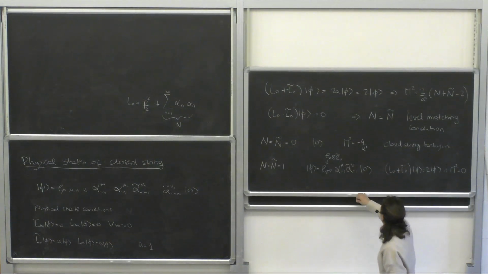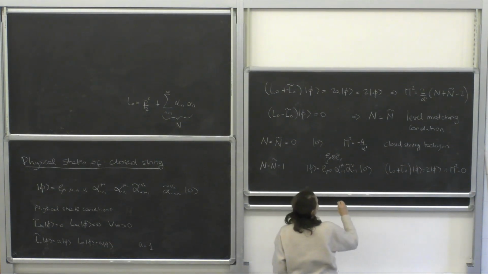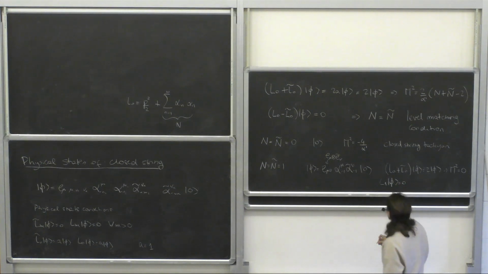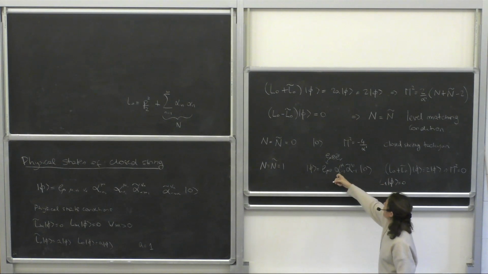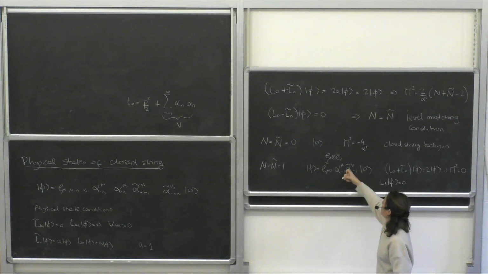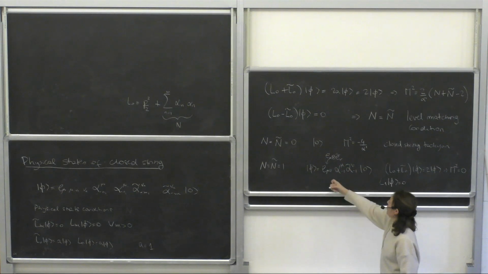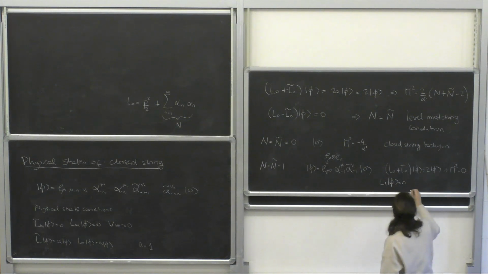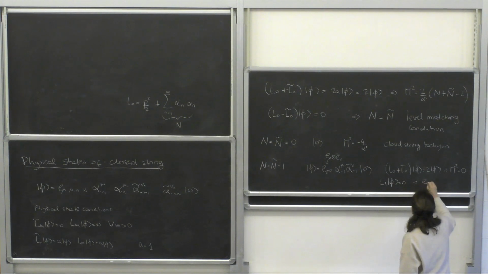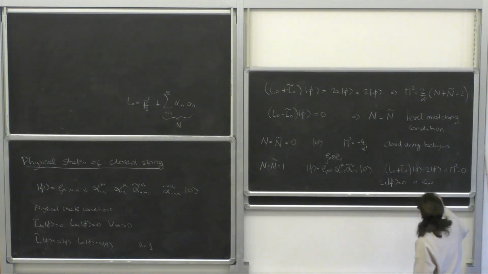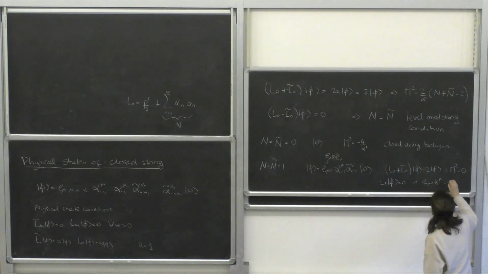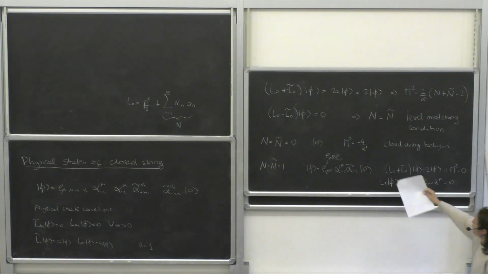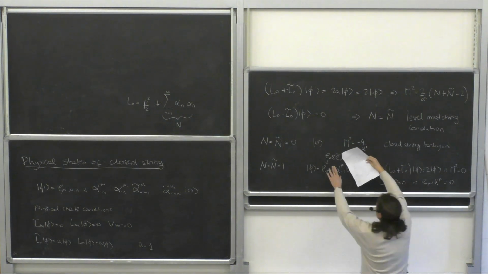So the condition I will get from L1 phi equals 0: L1 will act on this mu index, and it will bring me back a k mu. So this will tell me that E mu nu k mu is equal to 0. So you can forget about the right, and this is like the vector.